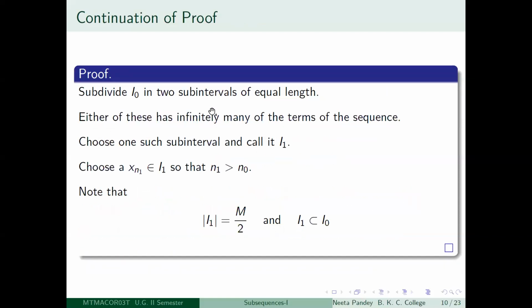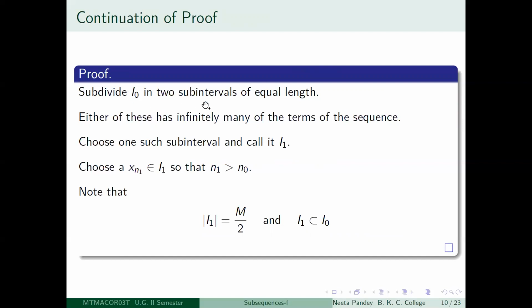Now again, what you do is you have this I0, right? So you again subdivide it into two equal subintervals. Since I0 has infinitely many terms of the sequence, either of these will have infinitely many terms of the sequence for the same reason: if both of the subintervals have only finitely many terms, then I0 will also have only finitely many terms.